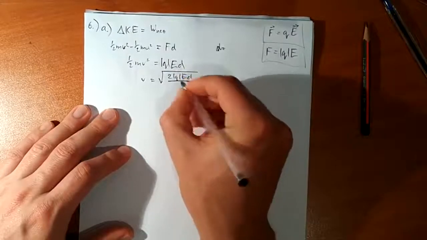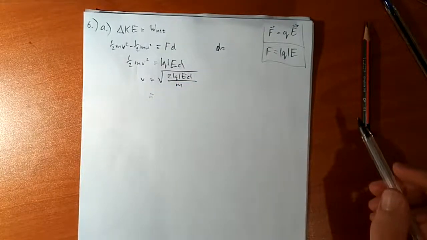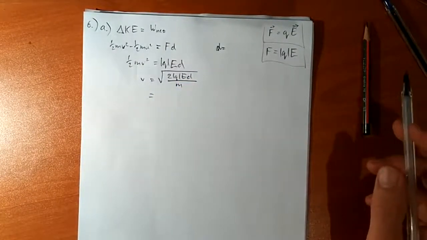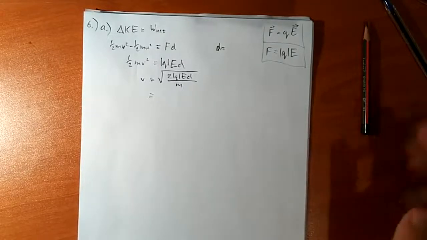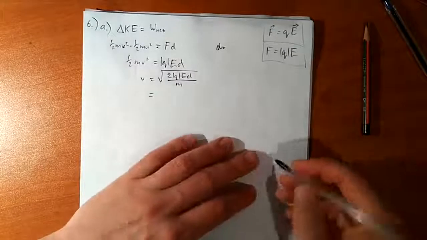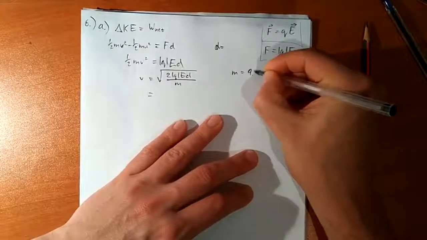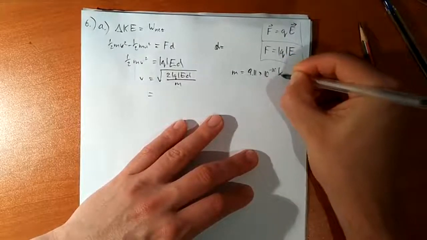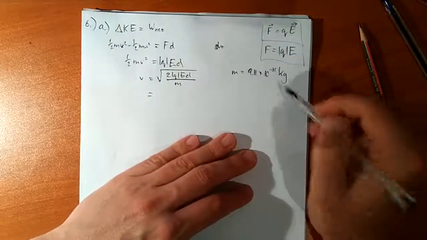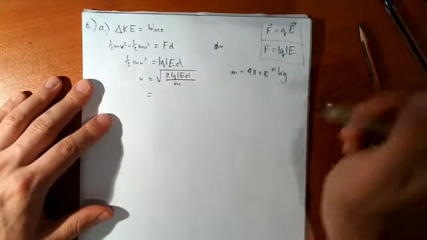So this is going to be the square root of 2qEd over m. Now the question doesn't specify m actually. Normally a question will provide this, otherwise you can just look it up in the front of your textbook, or on the test or exam it will be provided. So that is the mass of an electron, and you know the charge.